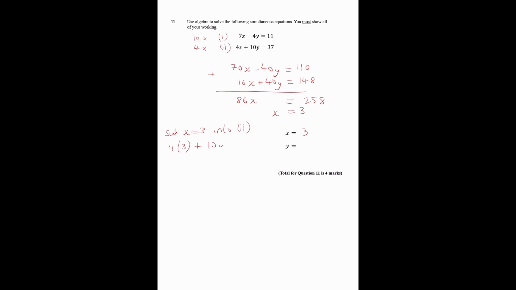Plus 10y equals 37. That's 12 plus 10y equals 37. Subtracting 12 from both sides, 10y equals 25. Dividing by 10, I get y equals 2.5. Final solution.